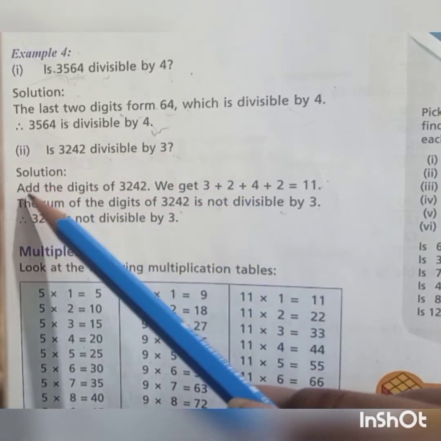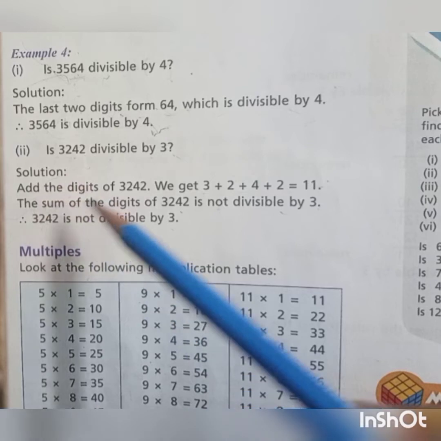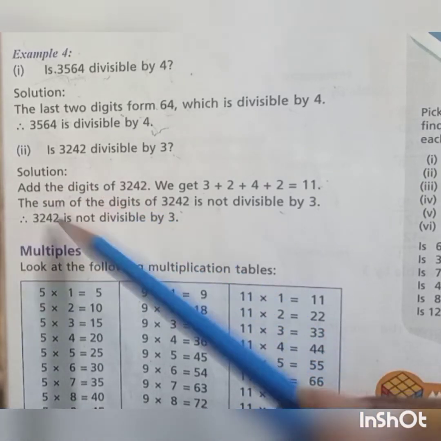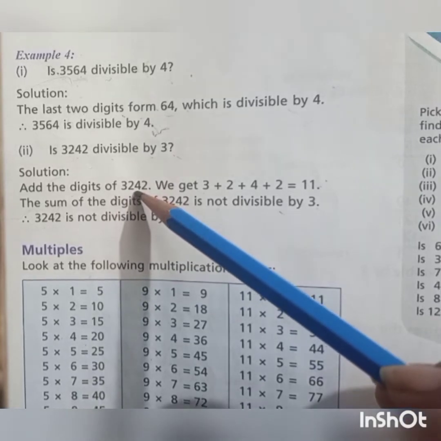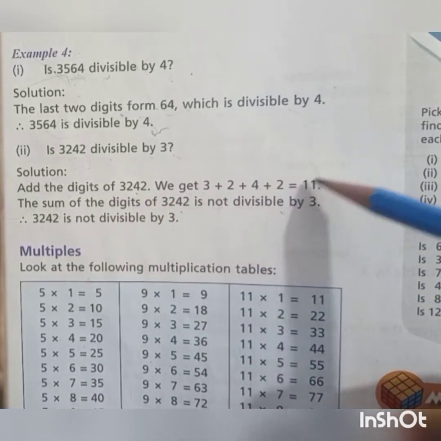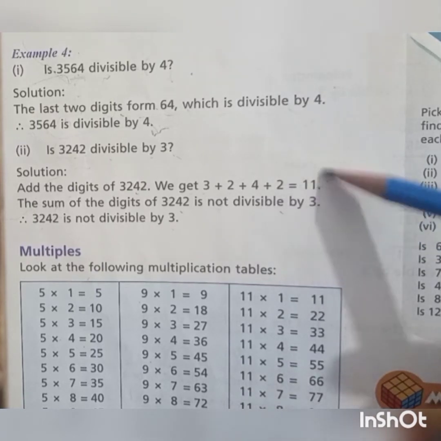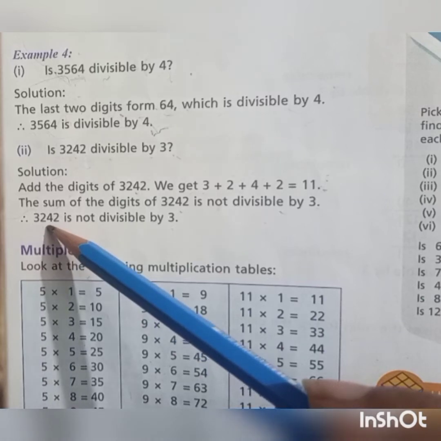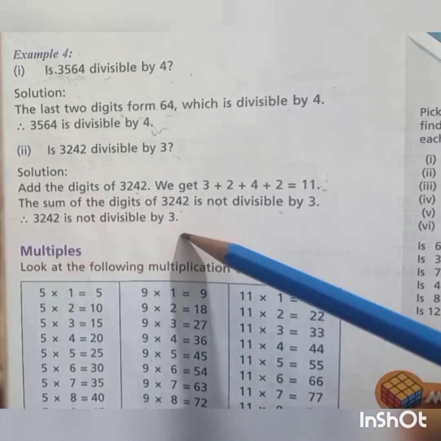And the solution is, we can add the digits to find whether it is divisible by 3 or not. So add the digits of 3242, we get 3 plus 2 plus 4 plus 2, which is equal to 11, and this is not a multiple of 3. Hence 3242 is not divisible by 3.